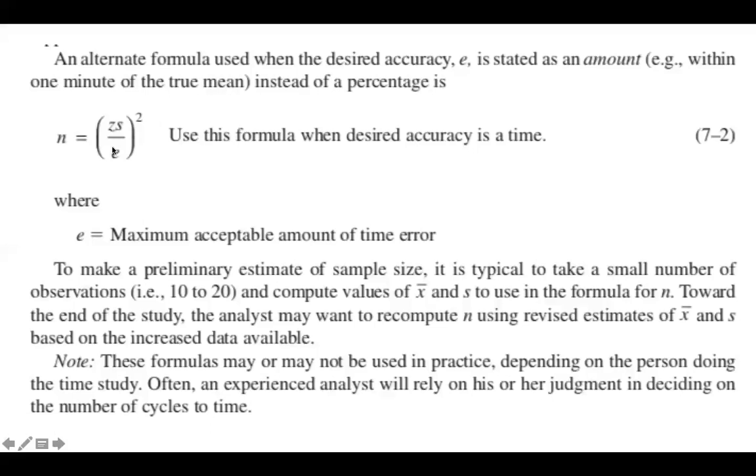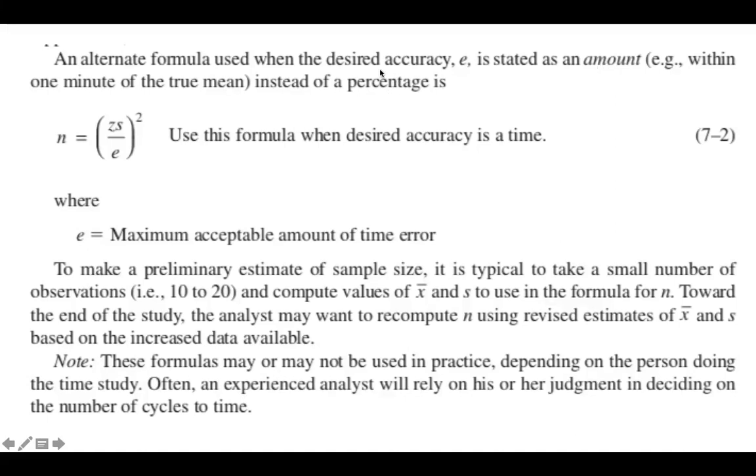In that case, the accuracy will use E, 5, and Z will be the same. The Z value depends on your confidence level, how confident you are of getting the real number, and S is the standard error of the data you have primarily collected for making a decision. Use this formula when the accuracy is in time or in amount instead of percentage.